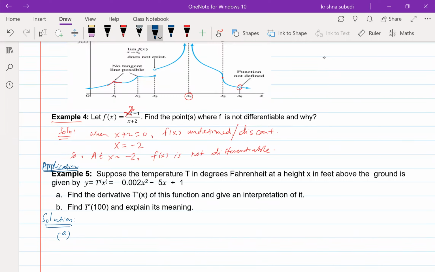So the temperature T in degrees Fahrenheit is a function of x here, T of x given to be 0.002x squared minus 5x plus 1.